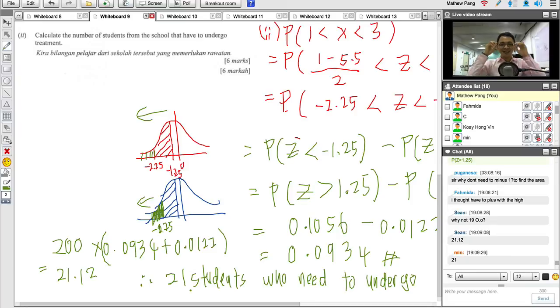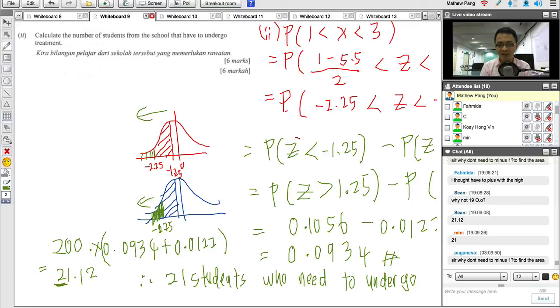Why not 19? Whenever you get a decimal, we only take the whole number, because 21.12 has not yet reached 22, so you cannot take 22 students. I hope I answered the question for Famida.